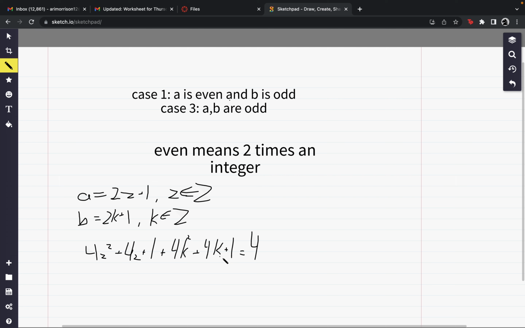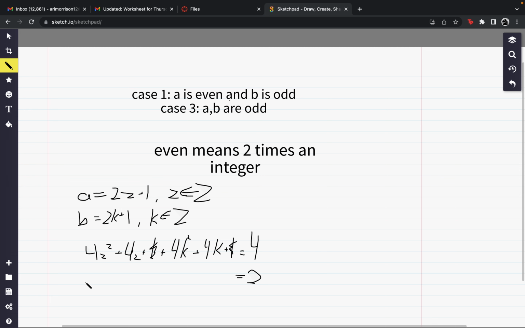And here we could subtract the 1s, and we're going to get 2 on this side equals 4z squared plus 4z plus 4k squared plus 4k. And similar to that first example, we're just going to divide everything by 4.